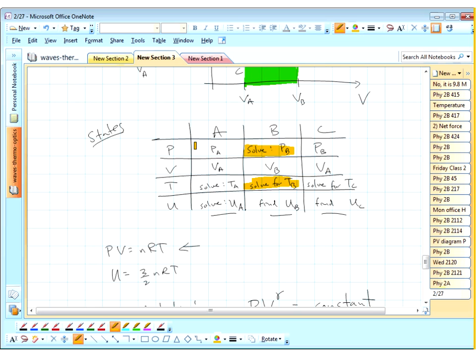We're missing a piece of the puzzle. But because it was an adiabatic process, these were linked. These 4 things are linked together. And so we knew 3 of them, and we could solve for the 4th one. Okay, good.